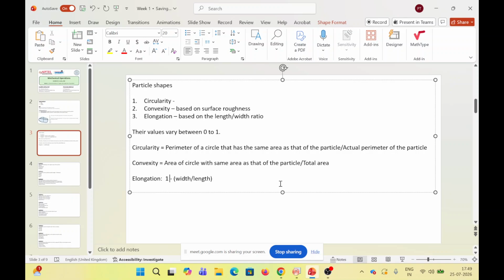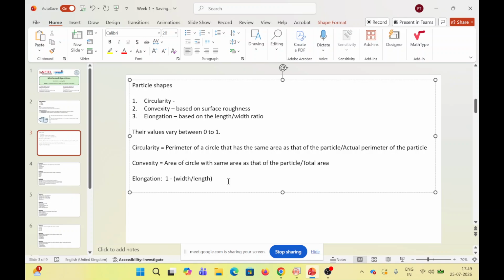If I ask a question, for a circle, what will be the elongation?